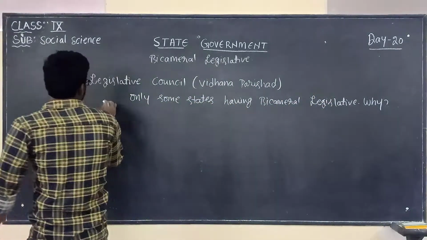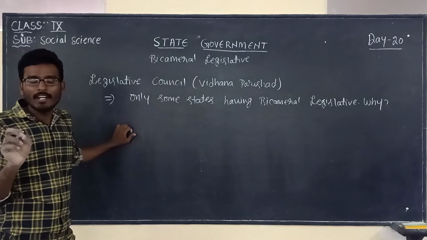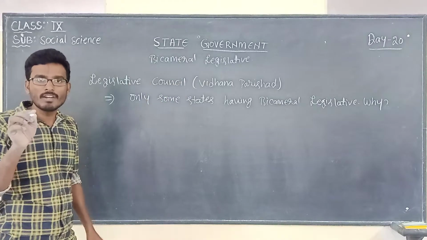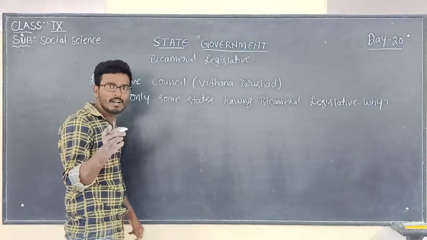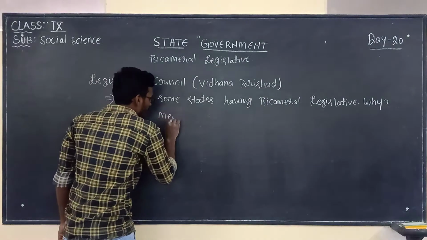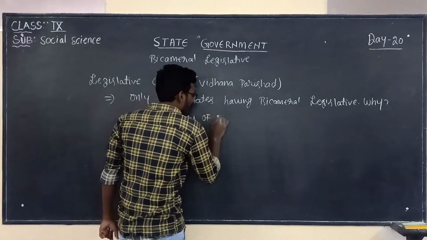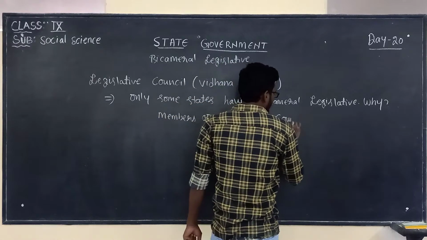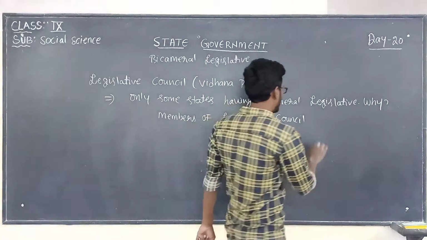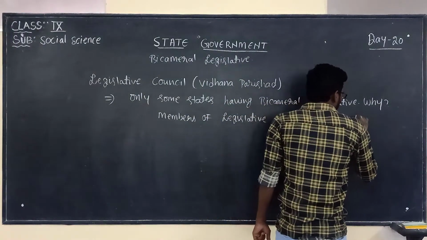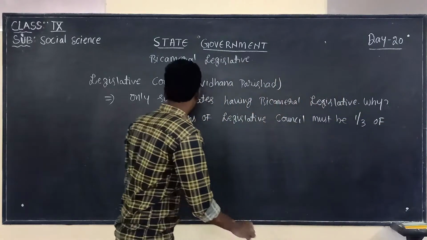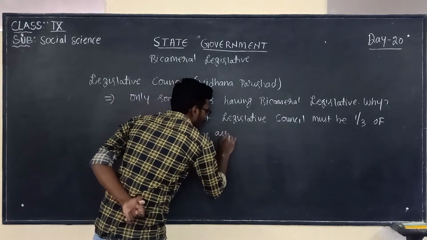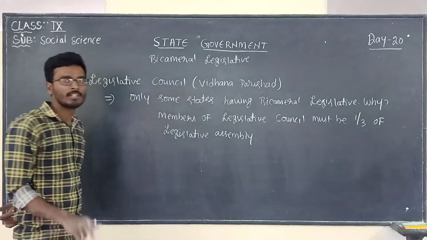Here I will give you the answer. If a state wants to have a Legislative Council, the members of the Legislative Council must be 1/3 of the Legislative Assembly. That will be one condition, right?